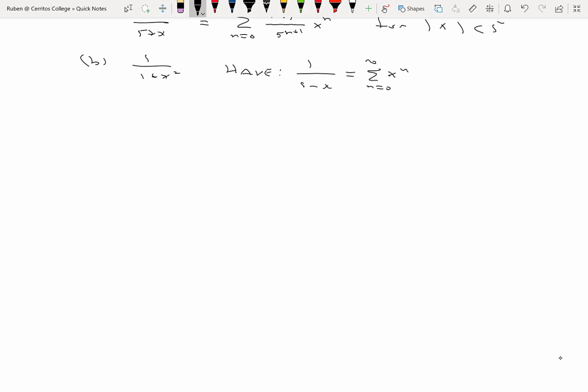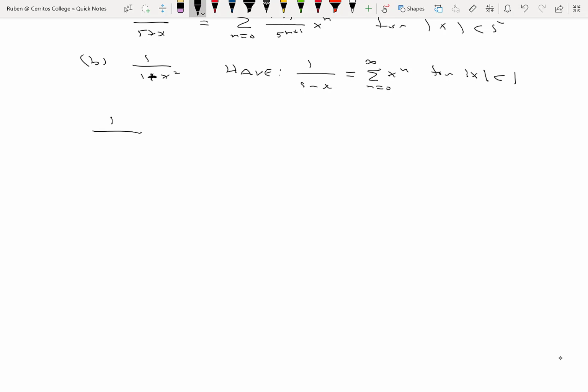It goes from 0 to infinity for the absolute value of x less than 1. So our function doesn't have 1 over 1 minus x. It doesn't even have 1 over 1 minus, it has 1 over 1 plus. And it doesn't have x, it has x squared. Not a problem.